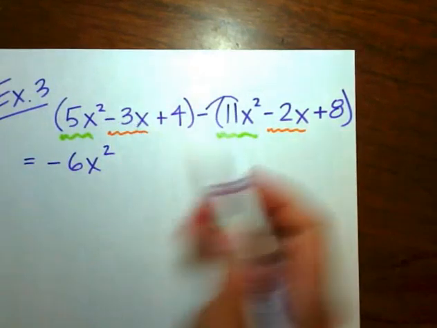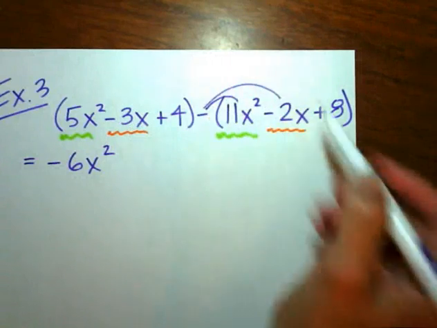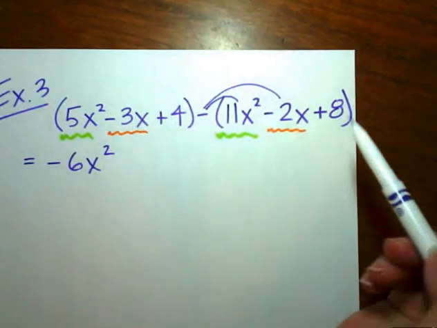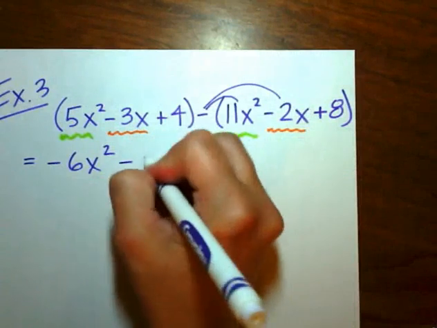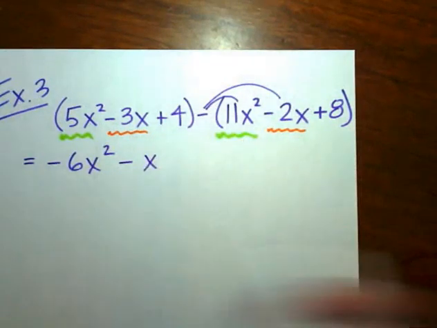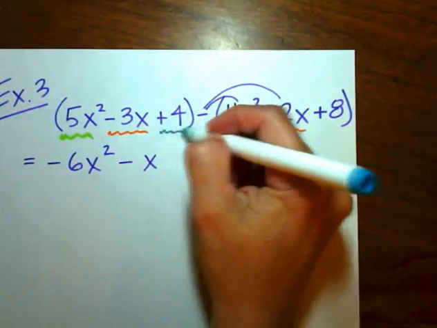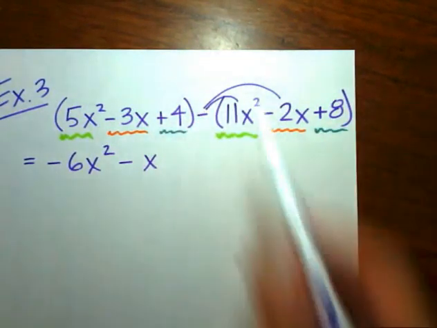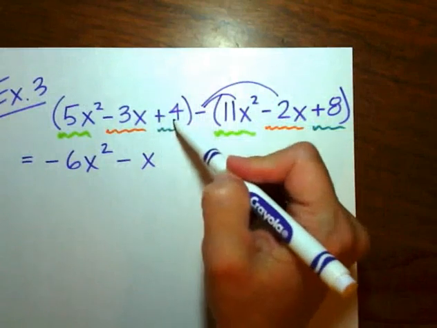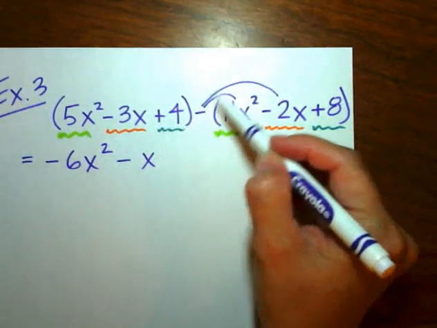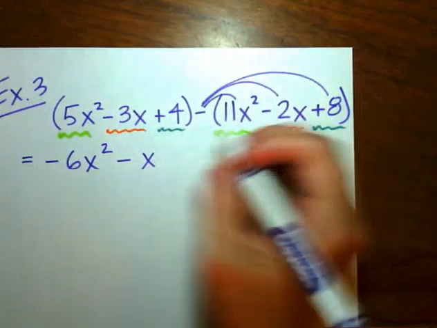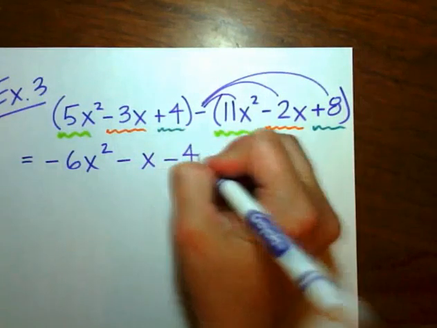So negative 3x minus negative 2x would be negative 3x plus 2x, which gives me negative 1x. And then positive 4 and positive 8 are like terms. So we have positive 4, so 4 minus 8. So 4 minus 8 is negative 4.